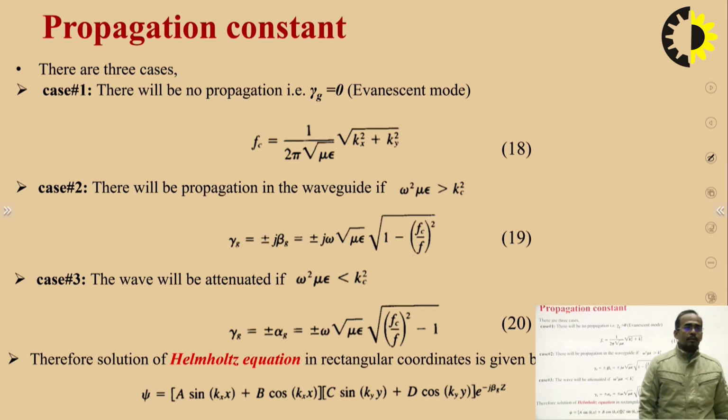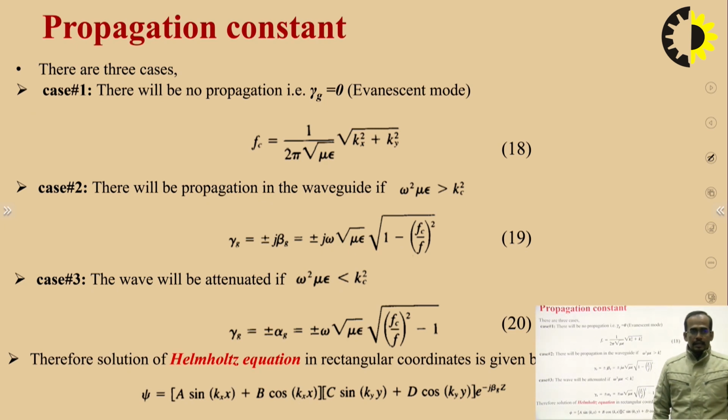In case 1, there will be no propagation, that is gamma z is equal to 0. So this is the evanescent mode, and fc will be equal to 1 upon 2 pi under root mu epsilon under root kx square plus ky square. In case 2, there will be propagation in the waveguide if omega square mu epsilon is greater than kc square.